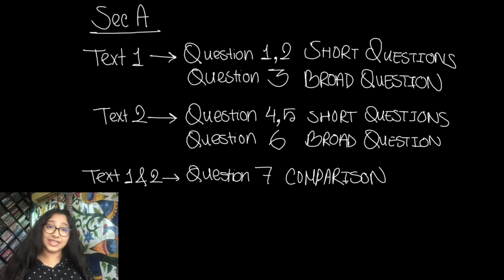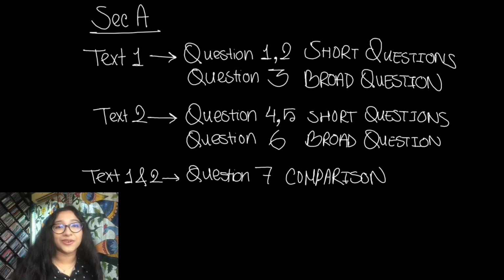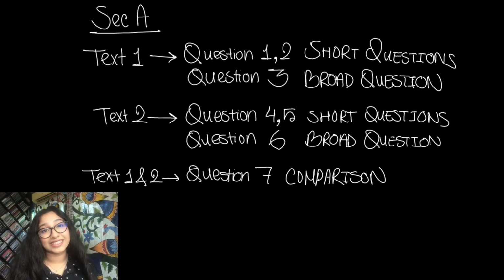To do well in Section A, you have to know what the examiners want from you, and then you will have to improve your answers to give the examiners what they wanted all along. That way you can secure really high marks in Section A, especially in question 3 and 6, the broad ones.